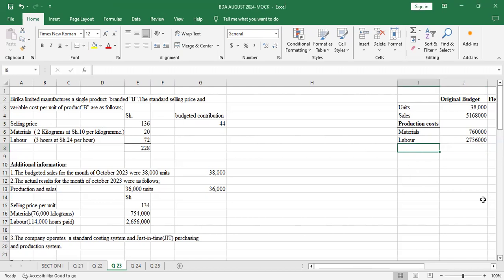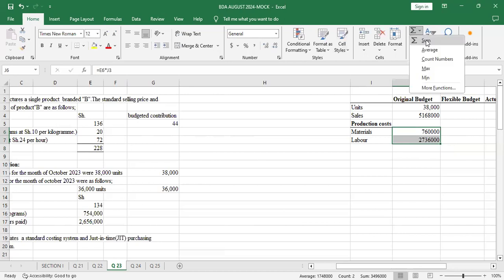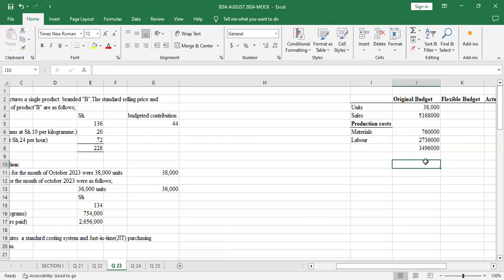So that we can get the contribution, we first get the total production cost. I'll sum these two. You select that, then you sum. So we'll have 349,60 as the total production cost.